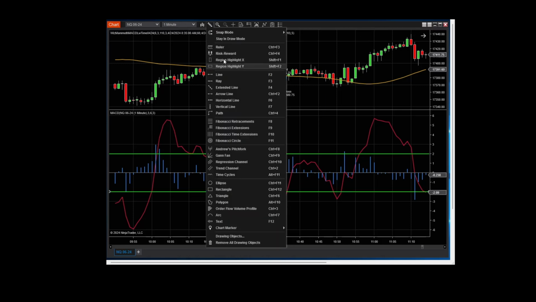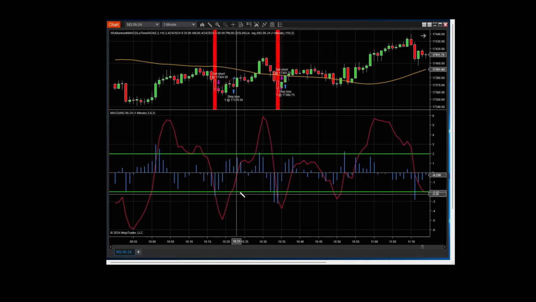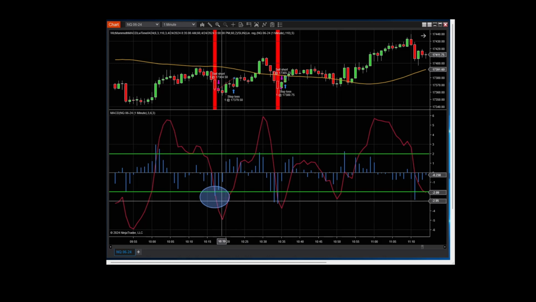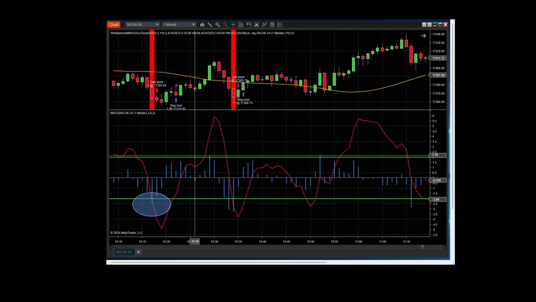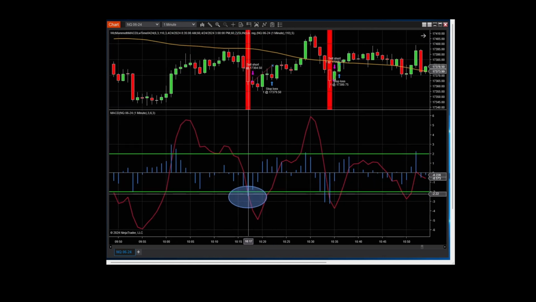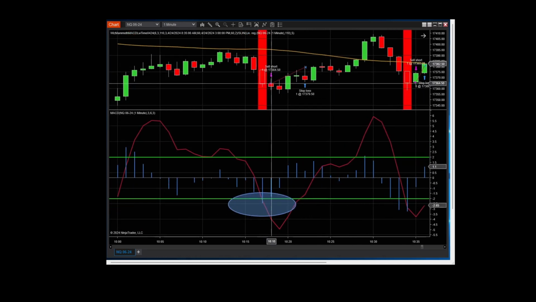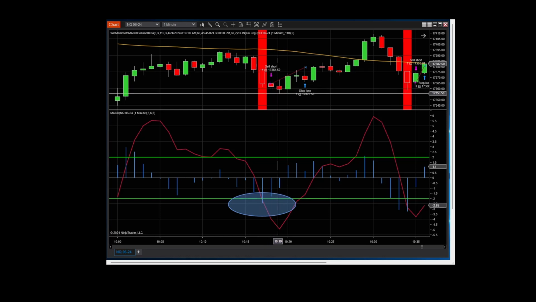It will be a little easier for you to understand right here. At this part, the short is confirmed. That's why this is a short. The entry will be the open of the bar after this signal bar, right here. And it went down, down, down, and then got stopped out right here.